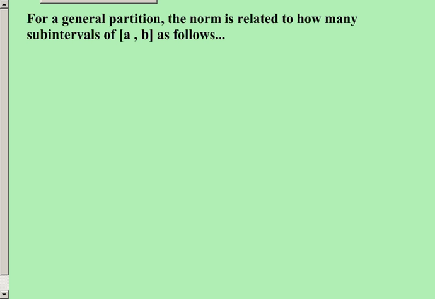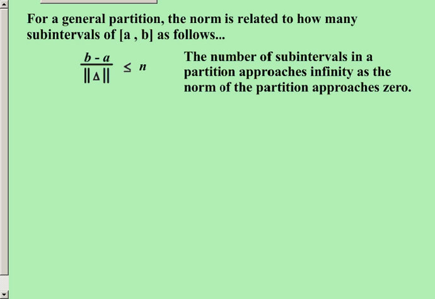Okay, for a general partition, the norm is related to how many subintervals of the interval from a to b as follows. The difference between the endpoints, b minus a, divided by the norm is less than or equal to n. Now the number of subintervals in a partition approaches infinity as the norm of the partition approaches 0.